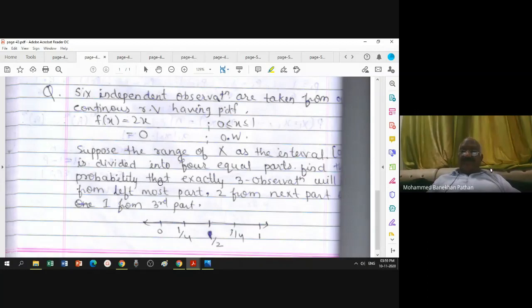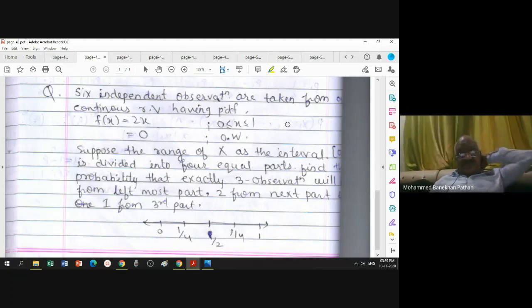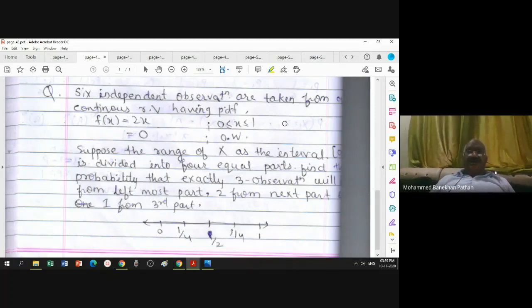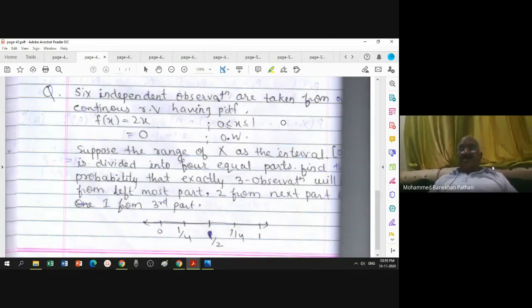Find the probability that exactly 3 observations will come from the leftmost part, 2 from the next part, 1 from the middle, and so on. This is a question related to continuous random variables, which you studied in another paper called continuous probability distribution.